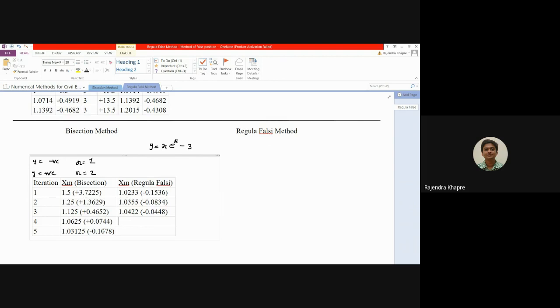For Regula Falsi, xm is 1.0458. Corresponding y value is minus 0.0239. Okay, fine. Can we have one more for Regula Falsi?